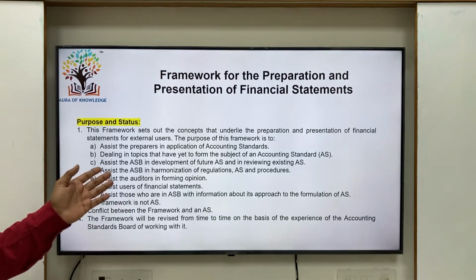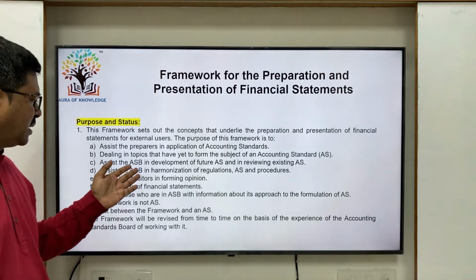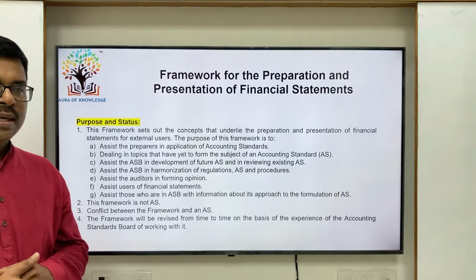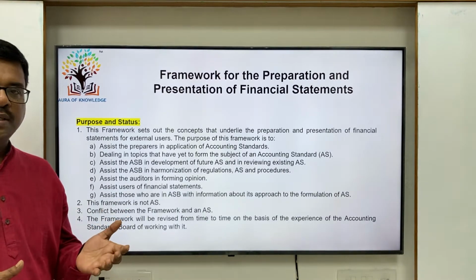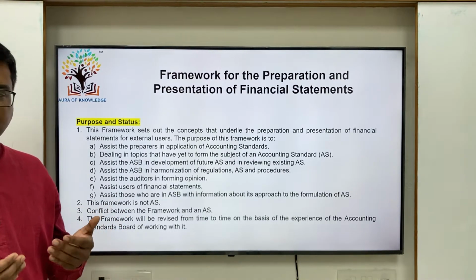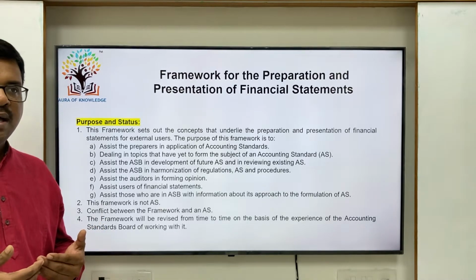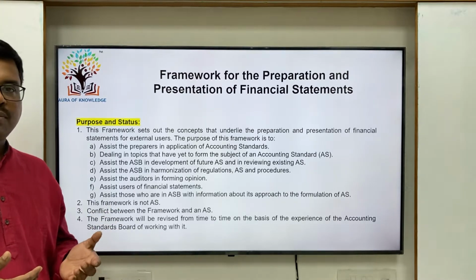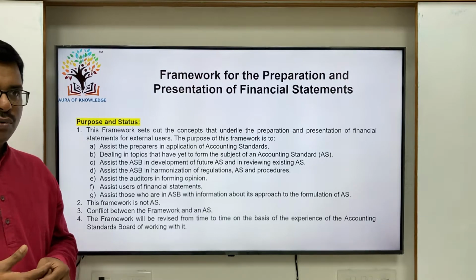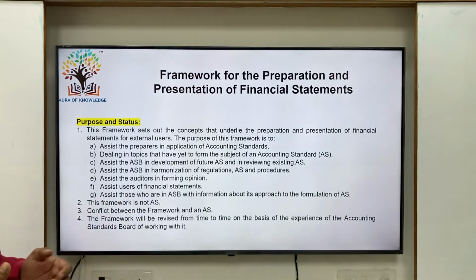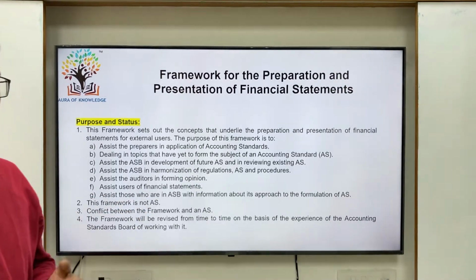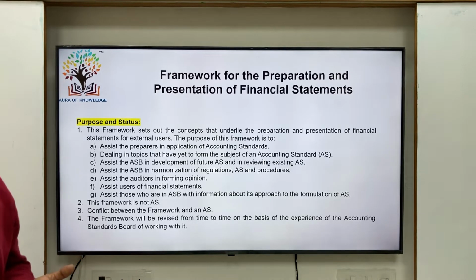Coming to assisting the Accounting Standard Board, it also helps the Accounting Standard Board itself in reviewing its existing accounting standards and in developing future accounting standards. So this framework helps the Accounting Standard Board see how the present accounting standards have been used and how they can be improved, and also how new accounting standards have to be developed.